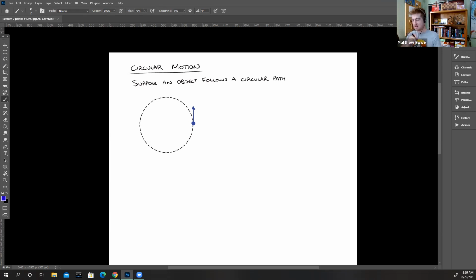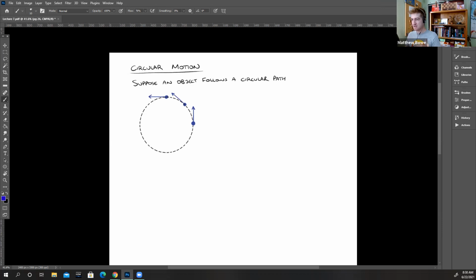If I was to then take another split second picture, after the ball's traveled a bit, now the ball or this particle appears to be moving in a completely different direction. Now it's angled to the left. After another split second, the ball can appear up here.